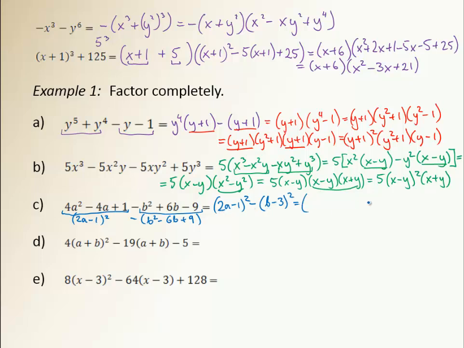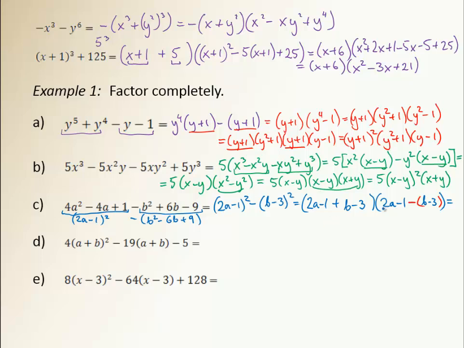So following the difference of squares formula, prepare two brackets and copy the first term plus or minus the second term. Second term is b minus 3, so if it's plus, I don't need to worry. If it's minus, I need to put a bracket and then b minus 3.